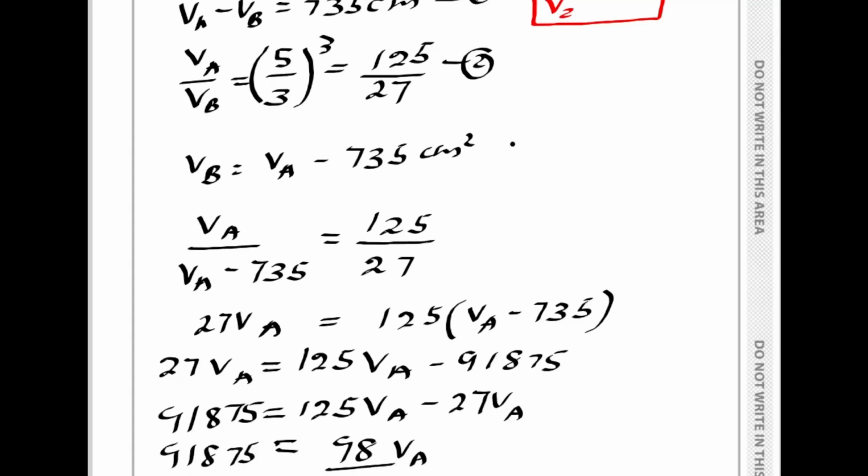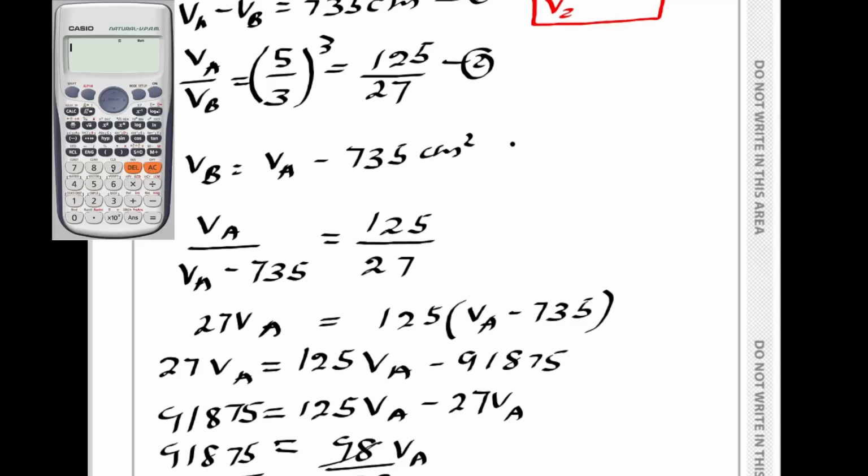Divide both sides by 98, and cancel 98. 91,875 divided by 98 comes to 937.5. This is the answer.